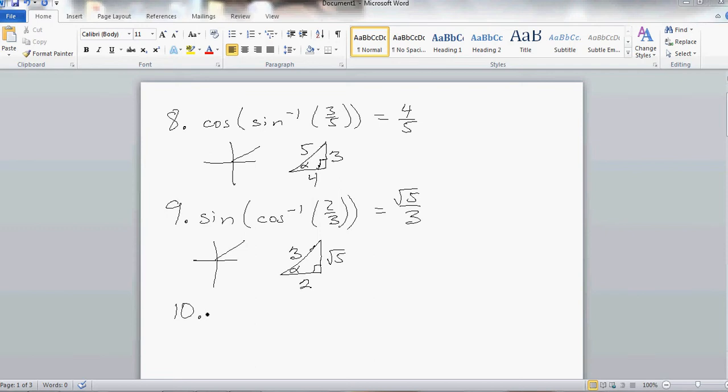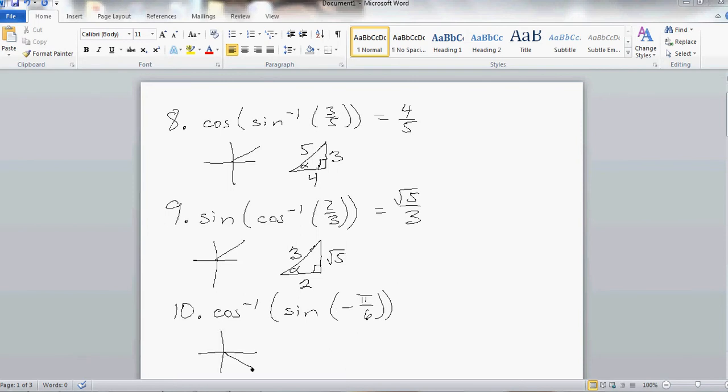The final example in this particular group would be g inverse, which is arc cosine of f, which is sine of negative pi over 6. Okay, now the first thing we have to do is figure out what is the sine of negative pi over 6.